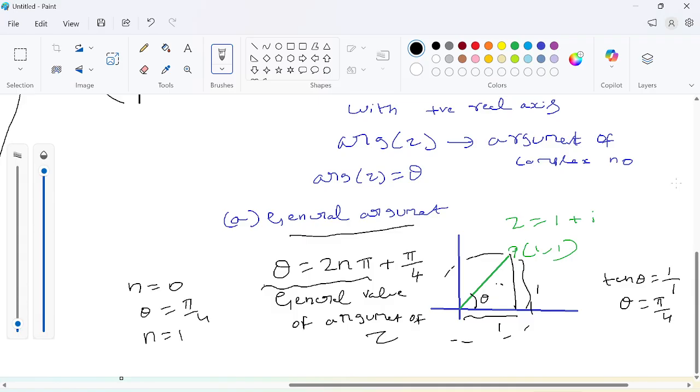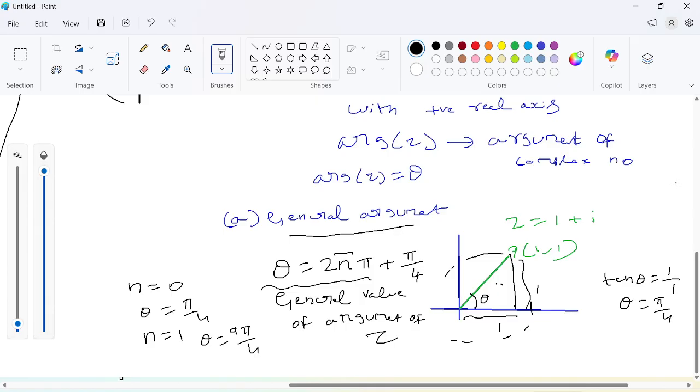For n equal to 1, theta equals 2 pi plus pi by 4, which is 9 pi by 4. Any complete rotation will be one rotation.